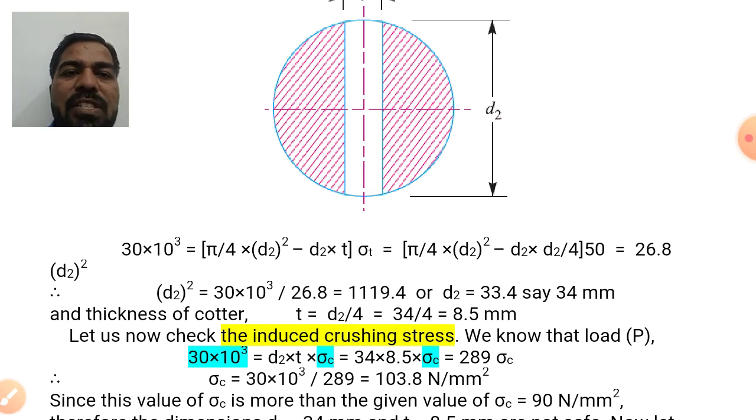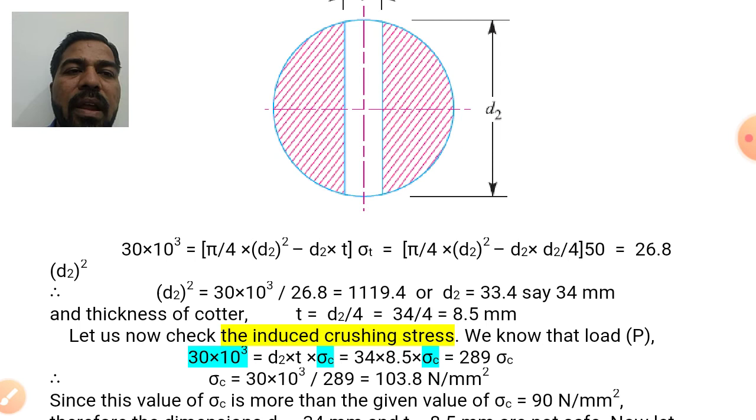Let us now check the induced crushing stress. We know that the load P is equal to stress into area. 30 into 10 to the power 3 is equal to d2 into t into sigma c. Now put the values of d2 and t in this equation.